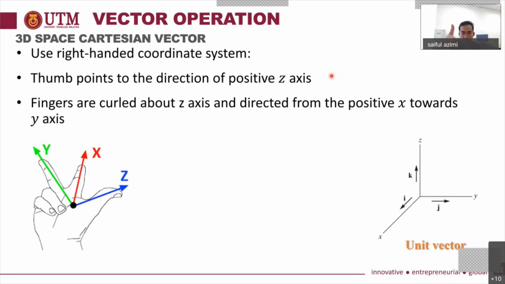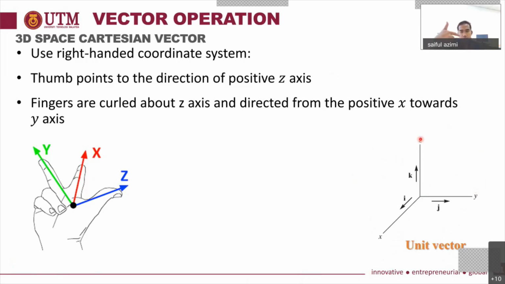So your thumb will be directed towards the positive z-axis, and then you will have your y and x. You can also refer to this figure.